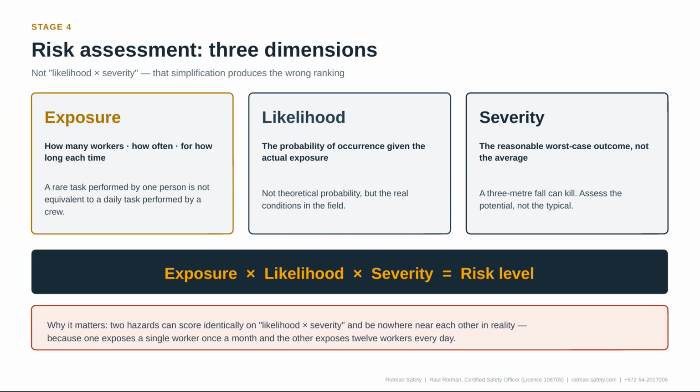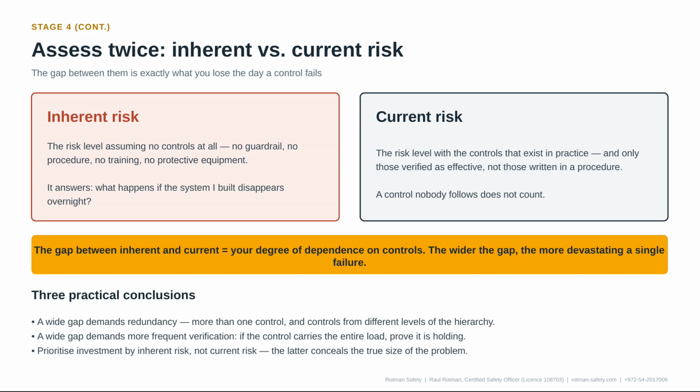And now the assessment itself, where the most common error lives. The popular formula, likelihood times severity, is a simplification that produces the wrong ranking. A correct assessment has 3 dimensions: exposure, how many workers, how often, and for how long; likelihood, given the actual exposure in the field; and potential severity, based on the reasonable worst case.